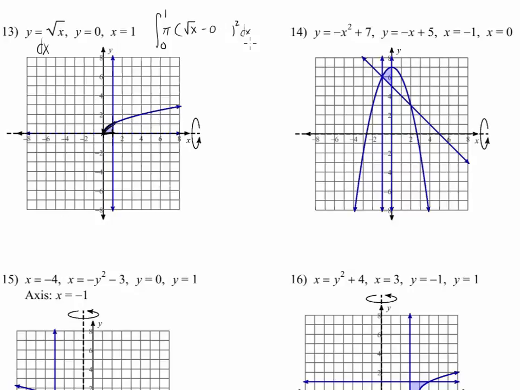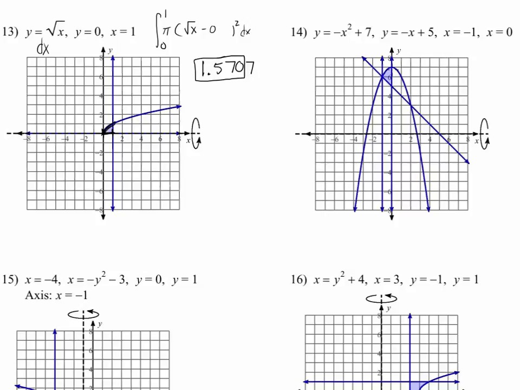So it's the square root of x minus 0, and there's our equation, which, if we type it into our calculator, gives us 1.5707. So 1.571 or 1.570 would be your correct answer for 13.